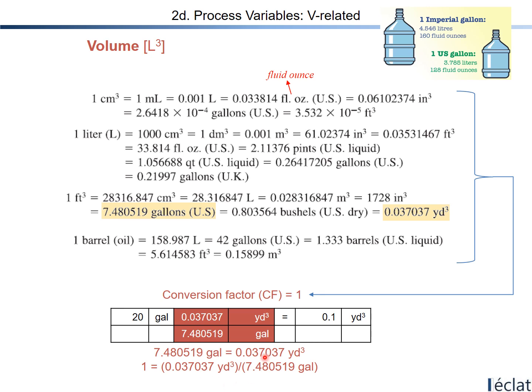Then 1 is equal to this value per this value including units. So this one is 1 conversion factor. Then 20 gallon should be equal to 0. Cubic yard because this conversion factor is 1 without unit.